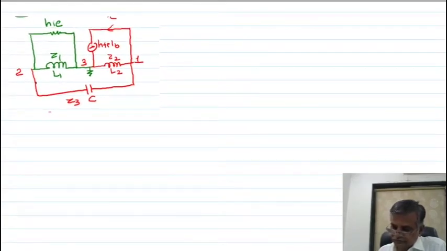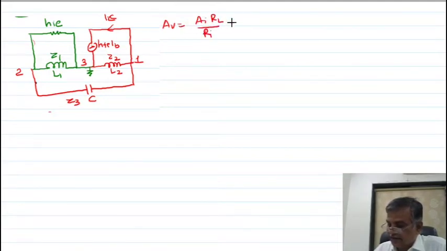Look here, this is HIE, this is your IC, this is the equivalent circuit. What is the equation of your voltage gain? It is AI into RL upon RI. RL is the load resistance across which output voltage is developed, so I am writing ZL.